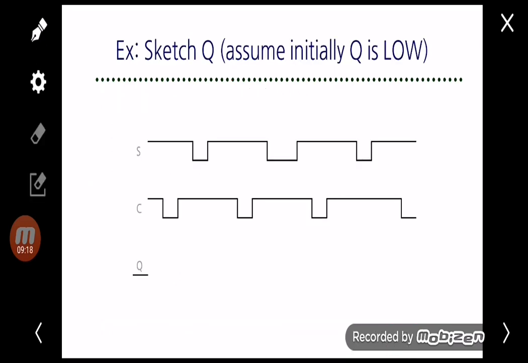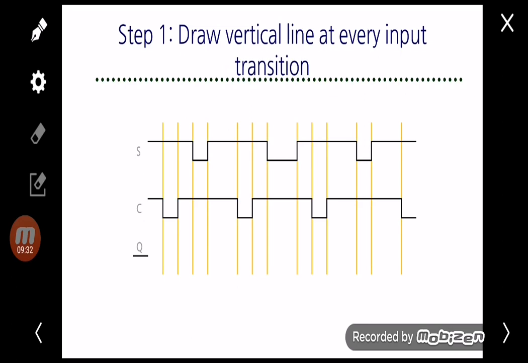Alright. So let's say we want to sketch the output of Q from the NAND SR latch. The first thing that you need to do is draw a vertical line at every input transition, every change of the input.